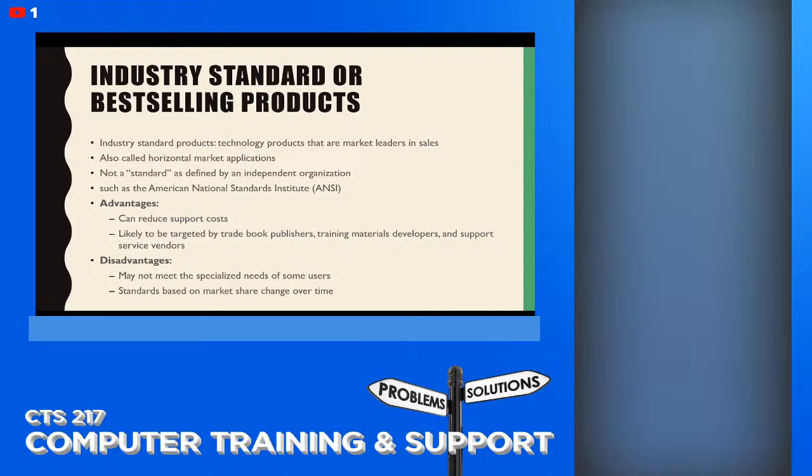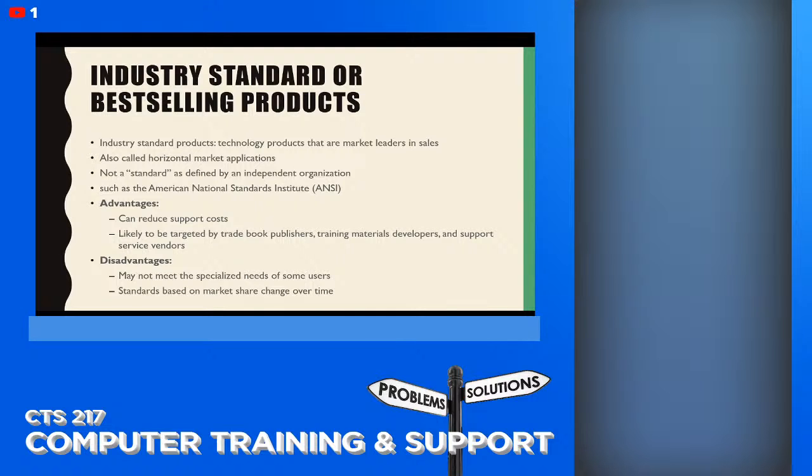Now, this isn't a standard that's defined by an independent organization. Again, it's just what people are buying. If multiple people buy a certain product, then by default, this product kind of becomes a standard.